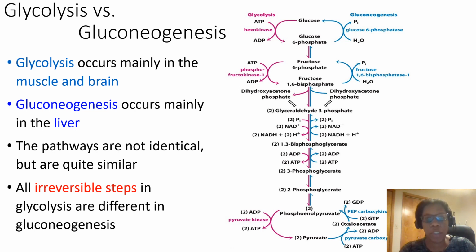However, gluconeogenesis occurs mainly in the liver. These pathways are quite similar, but they're not identical. We don't have just the opposite of glycolysis being gluconeogenesis. There are 3 steps of the 10 steps in glycolysis that are catalyzed by different enzymes in gluconeogenesis.